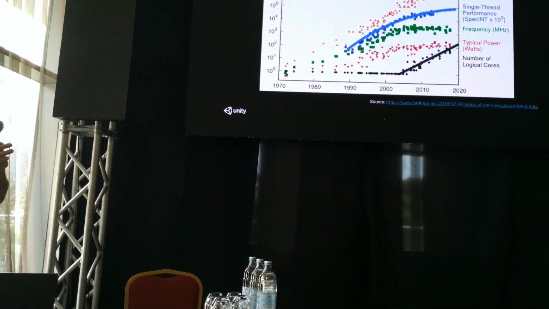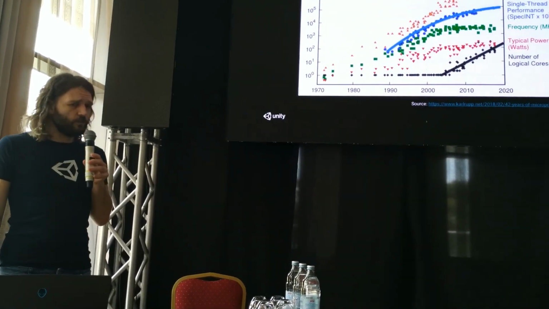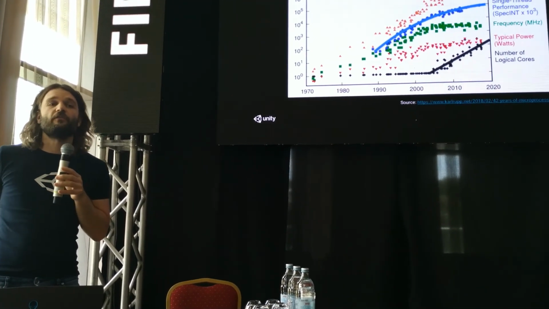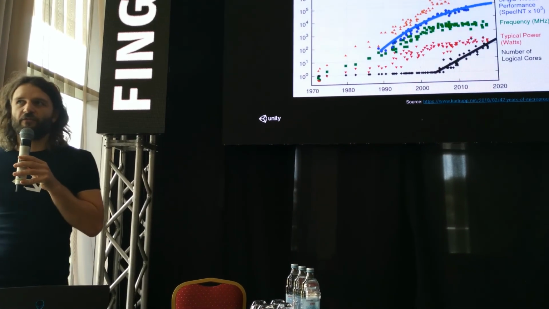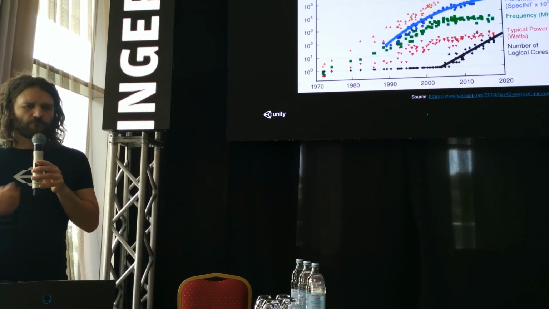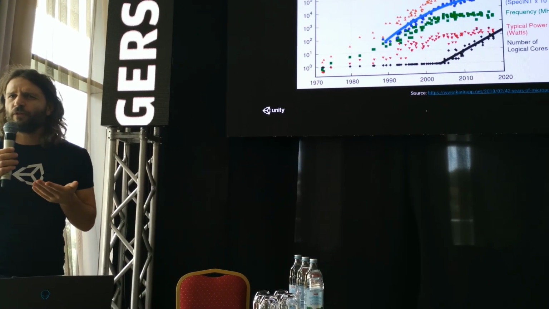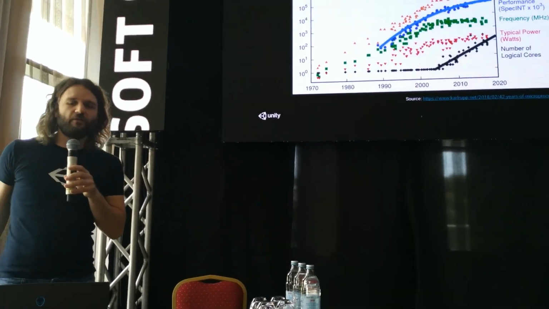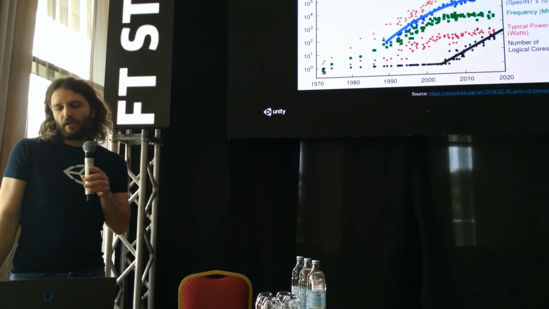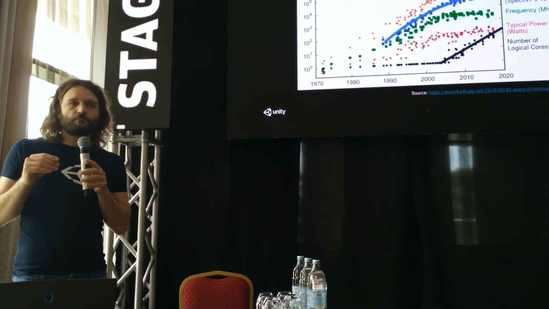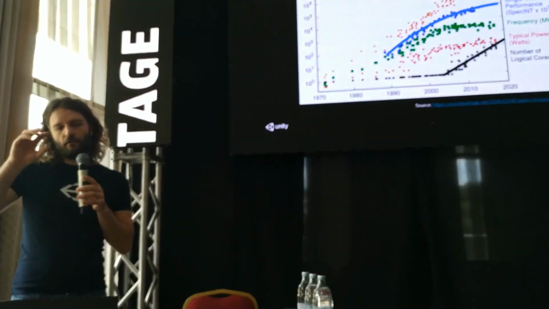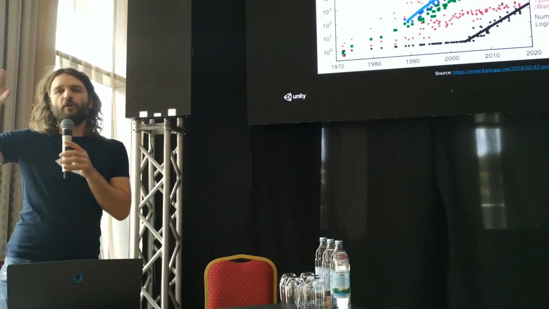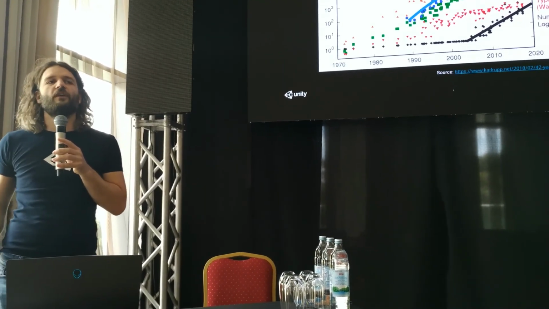And in the same way, one way in which computers have been getting faster is SIMD instructions, specialized instructions which really make it so that you have a single instruction and it processes multiple pieces of data at the same time.